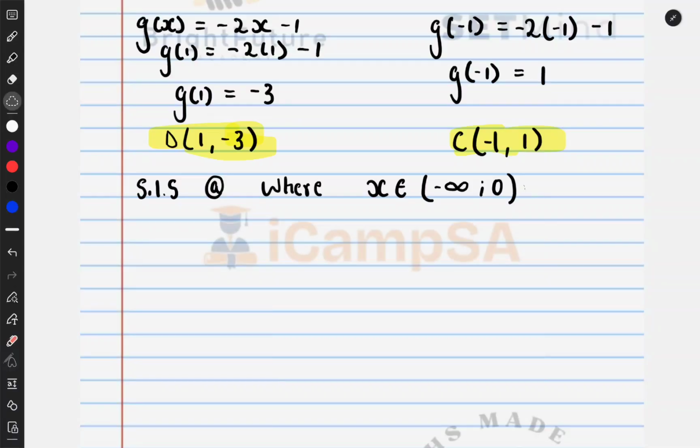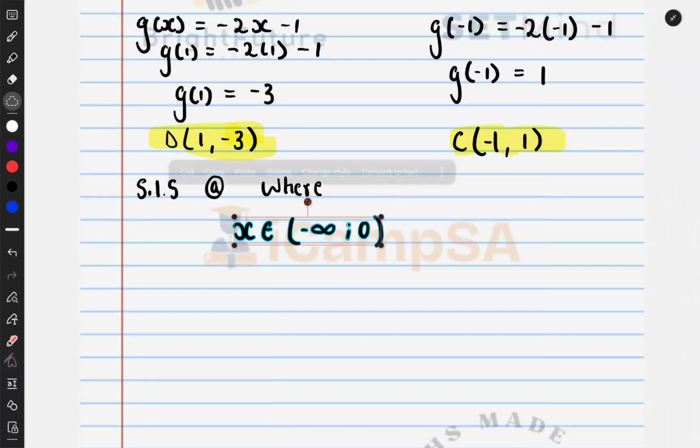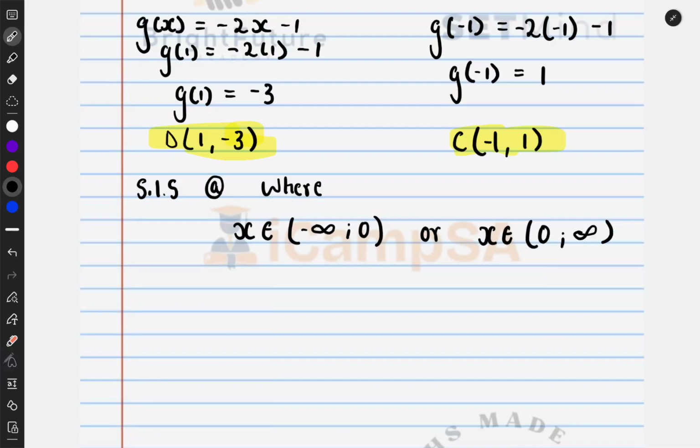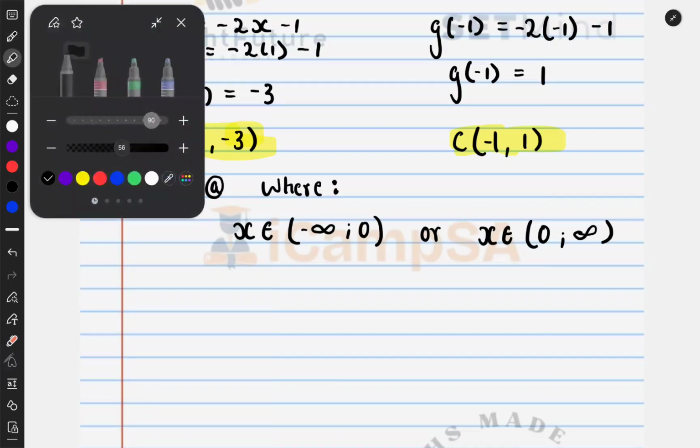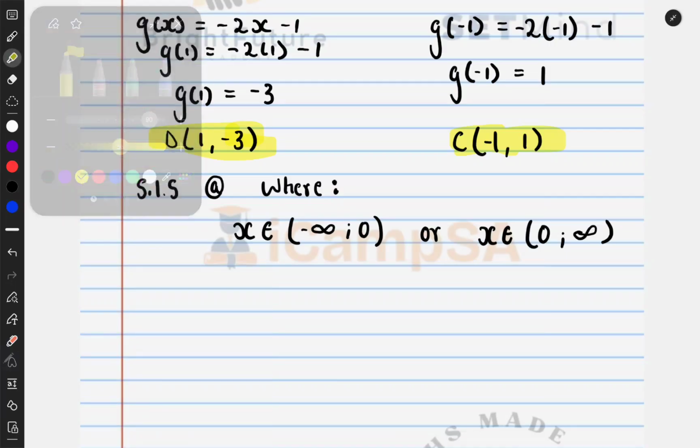And then x is an element from 0, round brackets since 0 is not included, to positive infinity. So that is where our function is increasing.